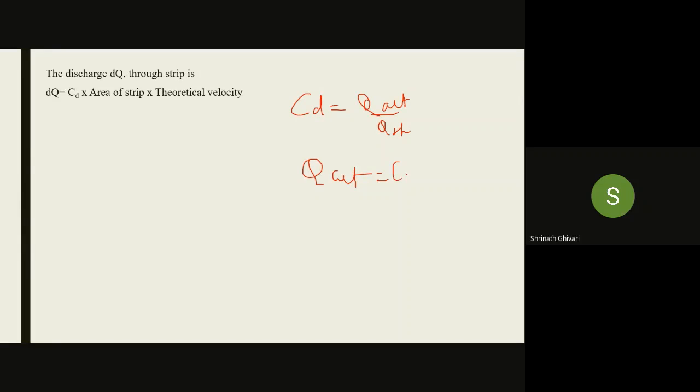It will be CD into Qth, and Qth means area of the strip into theoretical velocity Vth, because it is theoretical discharge. So I want the velocity to be the theoretical velocity, that's why it is the area of strip into theoretical velocity.